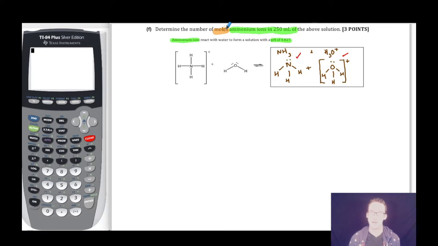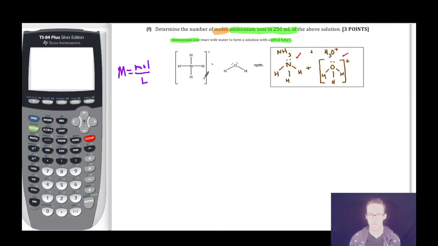And so if we can determine the concentration of the thing that we're looking for and recognize that concentration, or molarity, is equal to moles over liters, then we can ultimately determine the number of moles. So just some things to remind yourself of. A lot of the information that you need to solve these problems is given to you on the formula chart. Just recognize that those formulas, those equations, are oftentimes giving you concentrations.